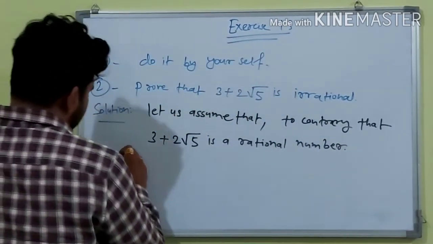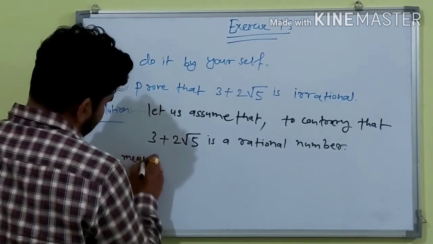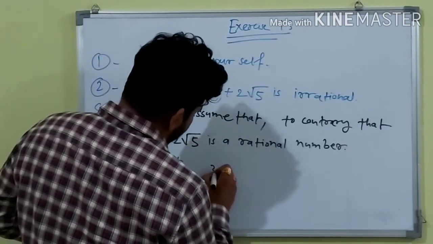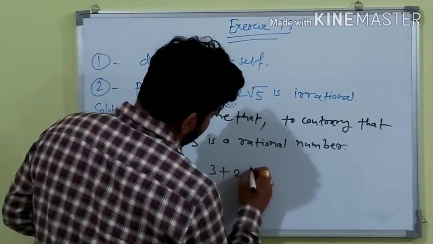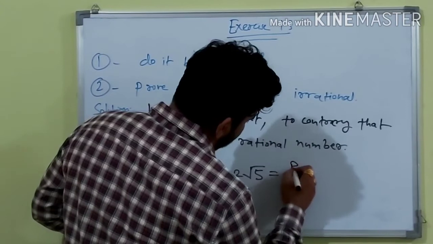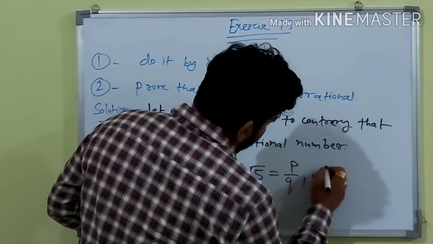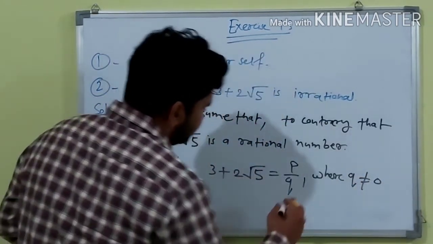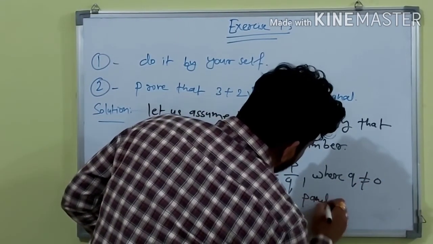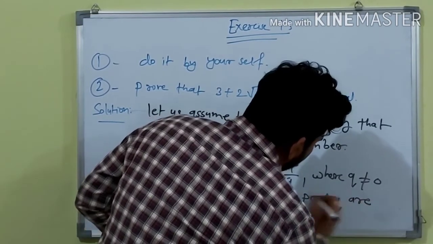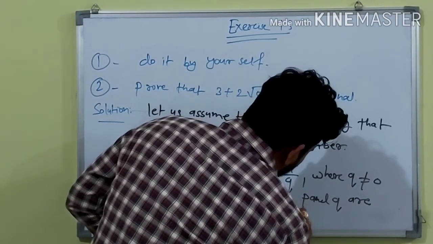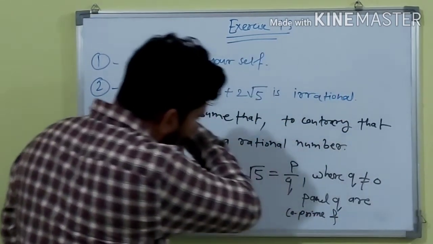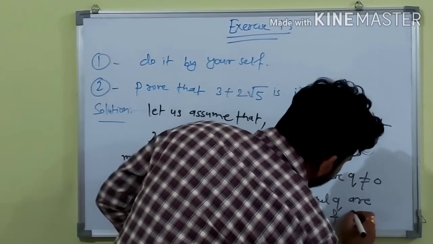Okay, means that we can write 3 plus 2 under root 5 is equals to P by Q, where Q is not equals to 0. P and Q are co-prime and integers.